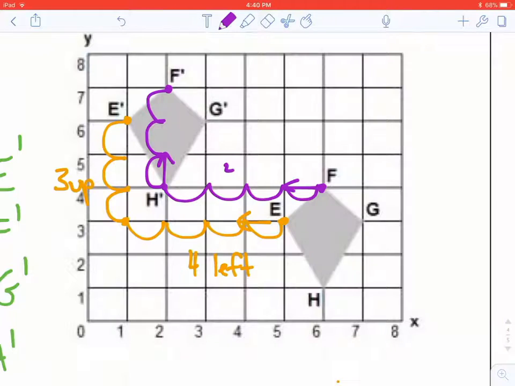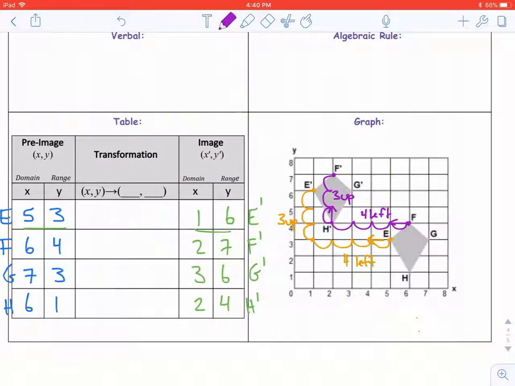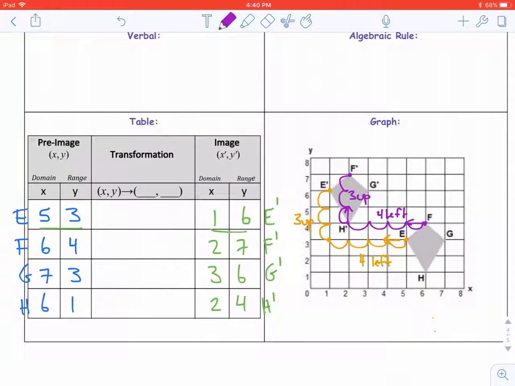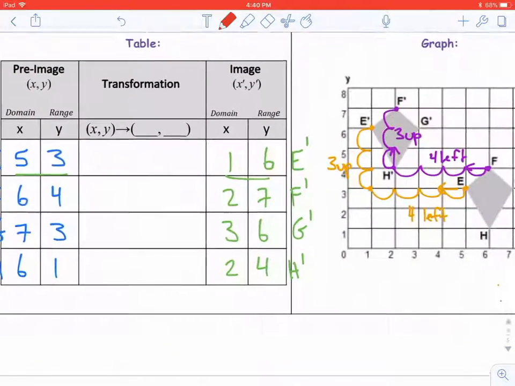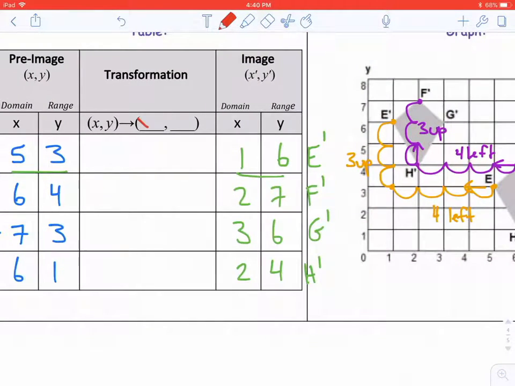So it matches that I had to go 4 left and 3 up to go from F to F prime or E to E prime, and that's going to help me to go ahead and write out the rule, which makes filling in the rest of my table a whole lot easier. So if I say I went 4 left, that means each x value minus 4 would give me the image x value. And then each y value of the pre-image plus 3 should give me my image points.